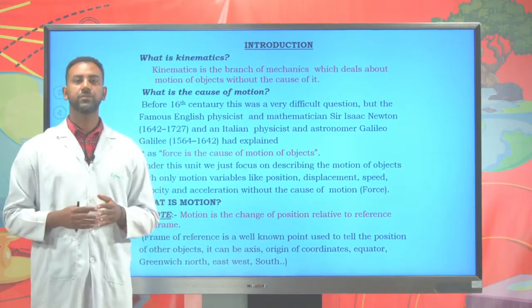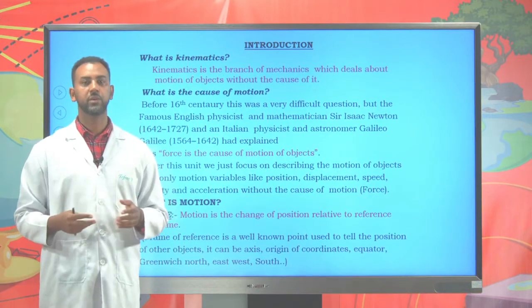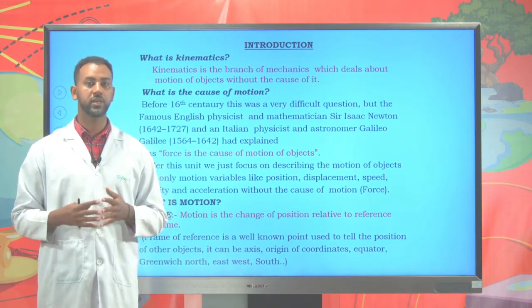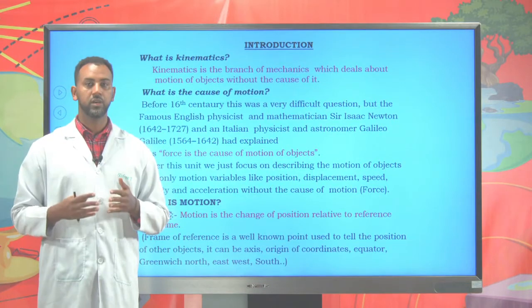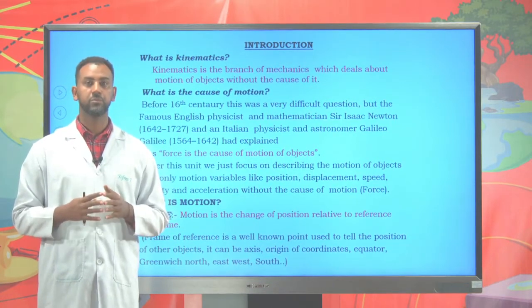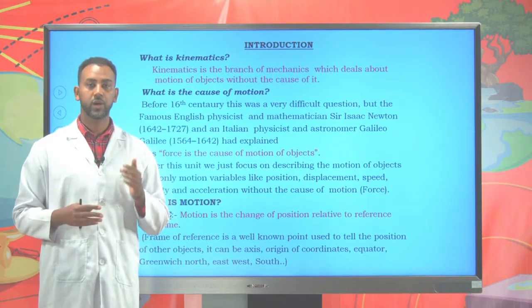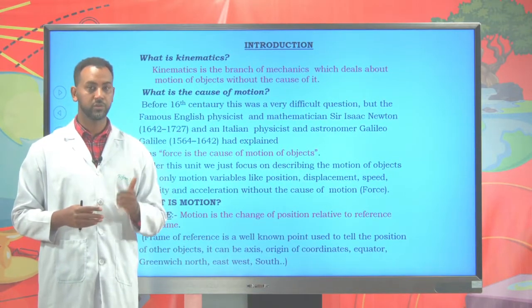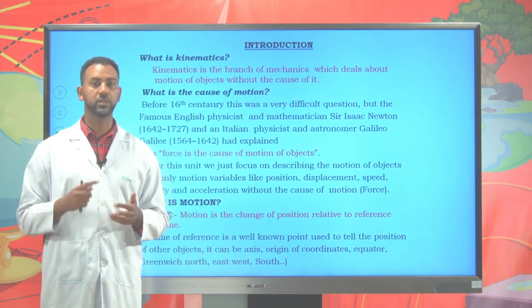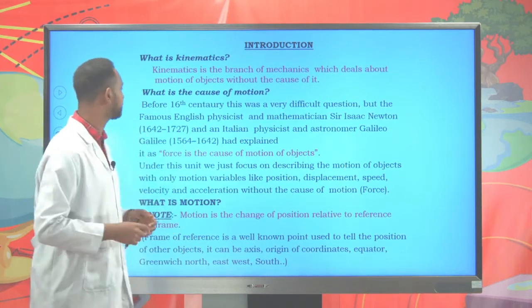First, let's define what kinematics is. Kinematics is a branch of physics which studies motion and motion variables, but not the cause. The cause of motion is force. We are not investigating force here. We only focus on motion and motion variables.